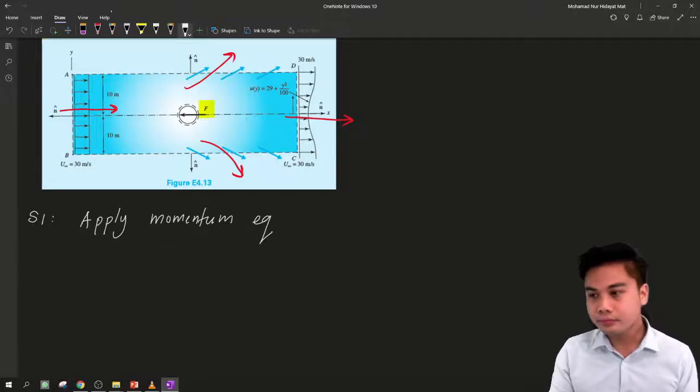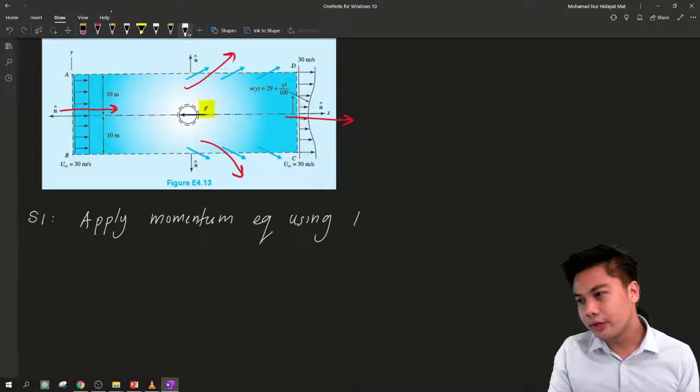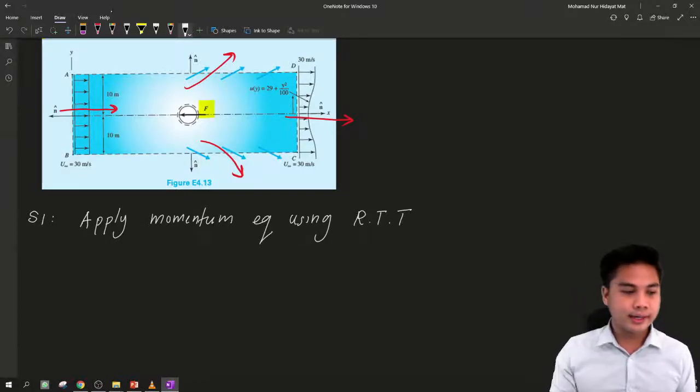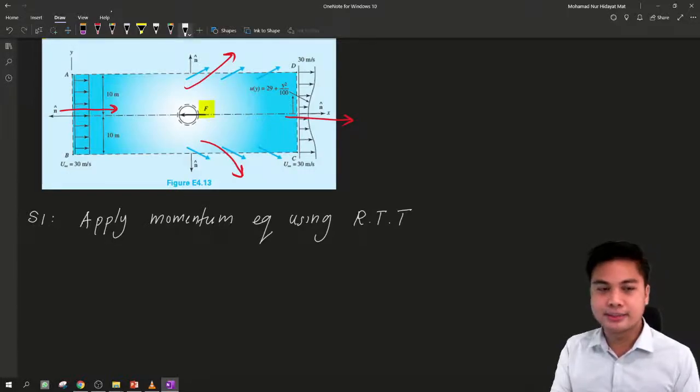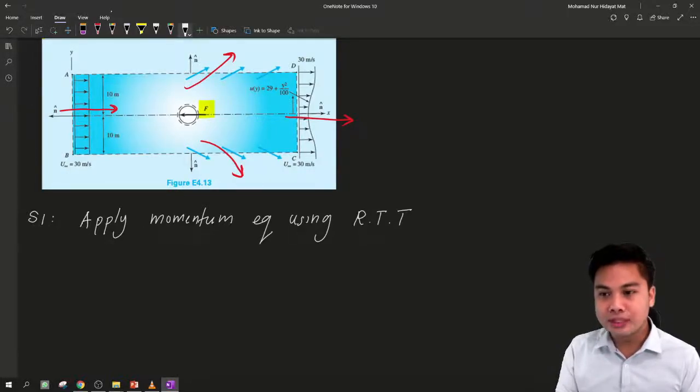So based on the Reynolds transport theorem, let's state it here.